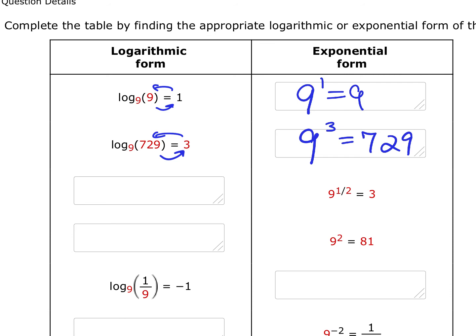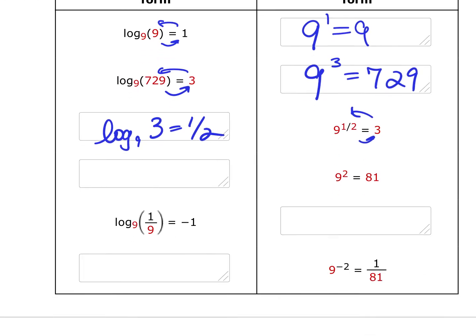The next two are in exponential, so we need to go to log. So my big 9 is going to become my little 9, right? And then what happens with 1/2 and 3? They switch spots. Sometimes, guys, it's easy. Literally, draw yourself the little arrow just to give you a little reminder. It's helpful. What's my next one going to look like?